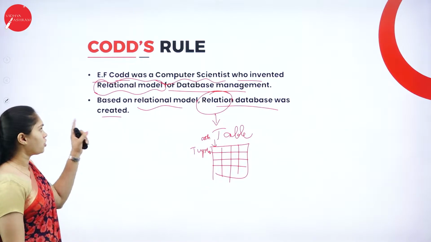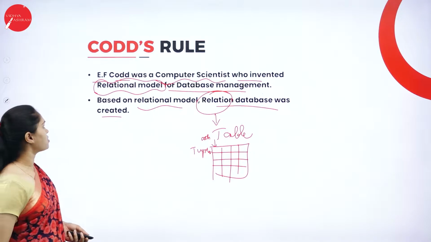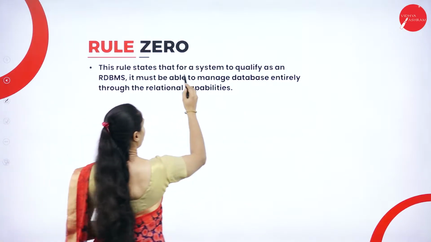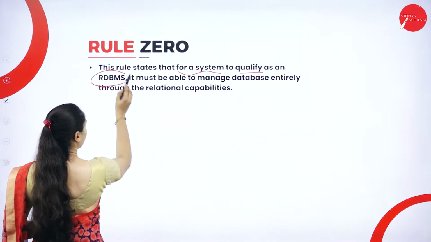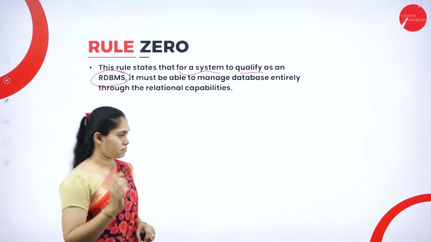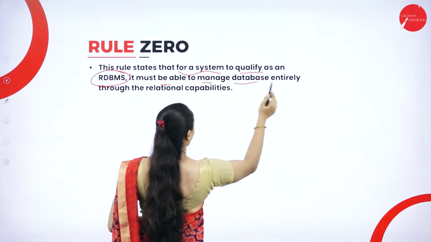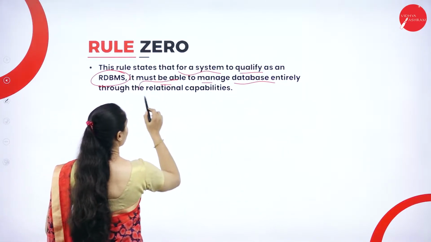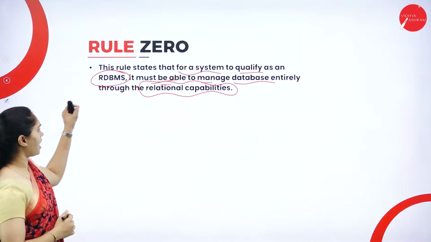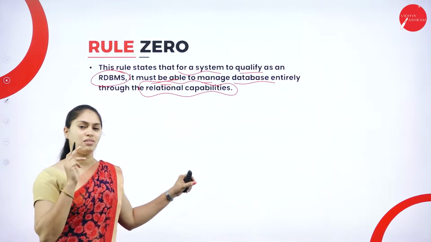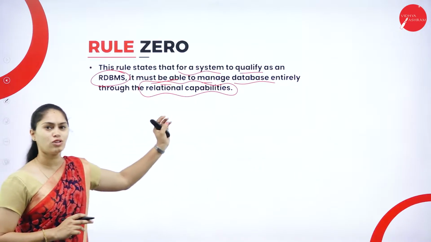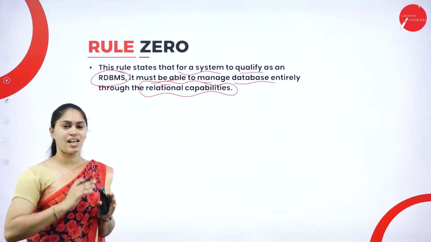So now we'll see rule 0 up to rule 12. Here we have rule 0. What does it state? Rule 0 states that for a system to qualify as an RDBMS, if I want to consider any database management system as an RDBMS, then it must be able to manage the database entirely through relational capabilities.